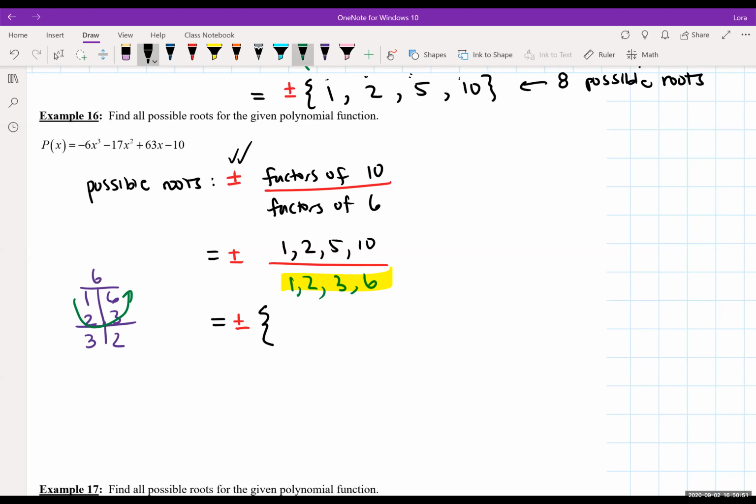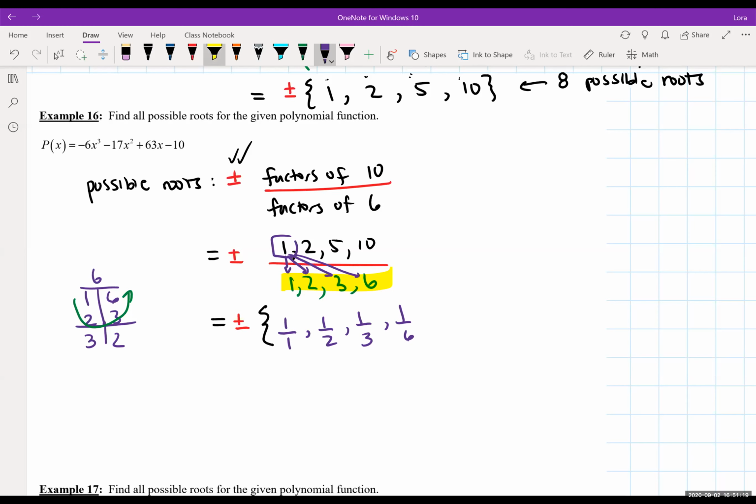The first thing I will try to work with is I'm going to look at 1, and I'm going to put it all over each of the different denominators. So I have 1 over 1, 1 over 2, 1 over 3, and 1 over 6. And you could do this in any order that you'd like. But I kind of try to be organized myself.